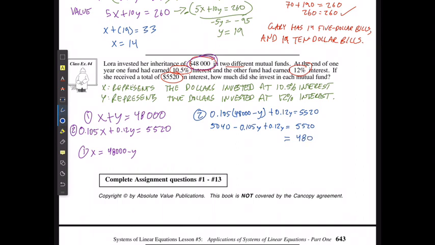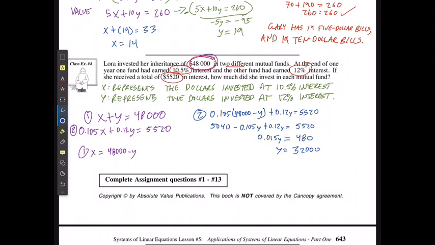And when I take 0.12 minus 0.105, I have 0.015y. I'm going to divide both sides by 0.015, and y is going to be 32,000.